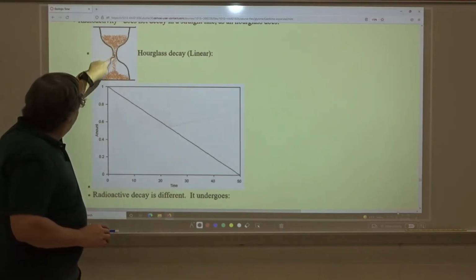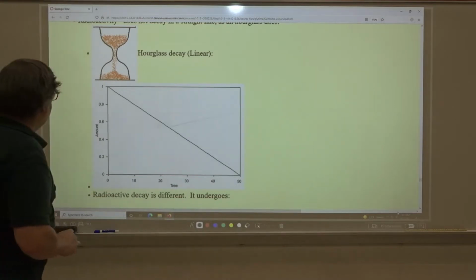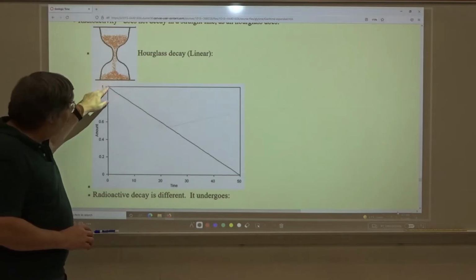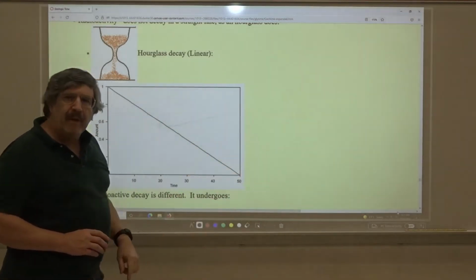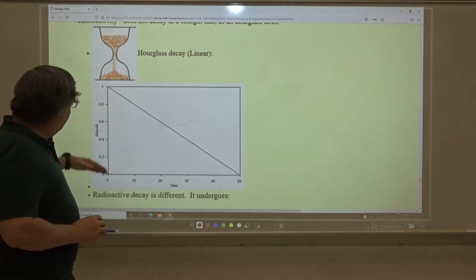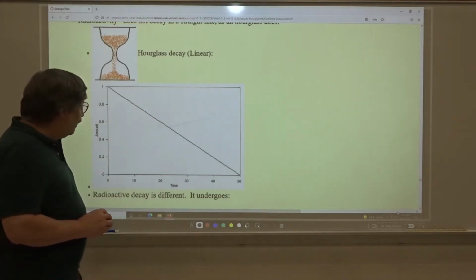Sand trickles out of an hourglass at a constant rate, and if you measure the amount of sand in an hourglass, it will decrease in a linear fashion. And if you know how long it takes for it to all go out, all you have to do is measure the proportion to know how much time has passed.